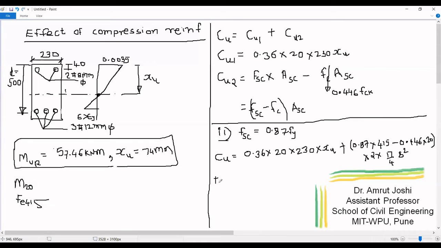Tensile force now can be written as 0.87 Fy into area of tension steel, which is 3 times pi by 4 into 12 square.